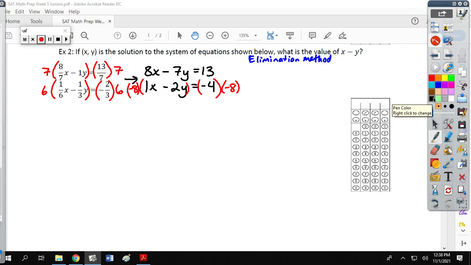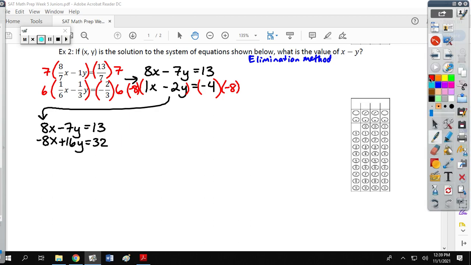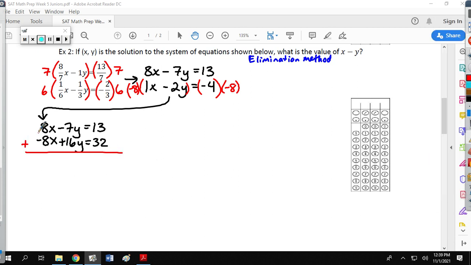8x minus 7y equals 13 is my first equation, and negative 8x plus 16y equals 32 is my second equation. I add those two equations together because the entire point was to make it so that when I added the equations together, the x's would cancel out.